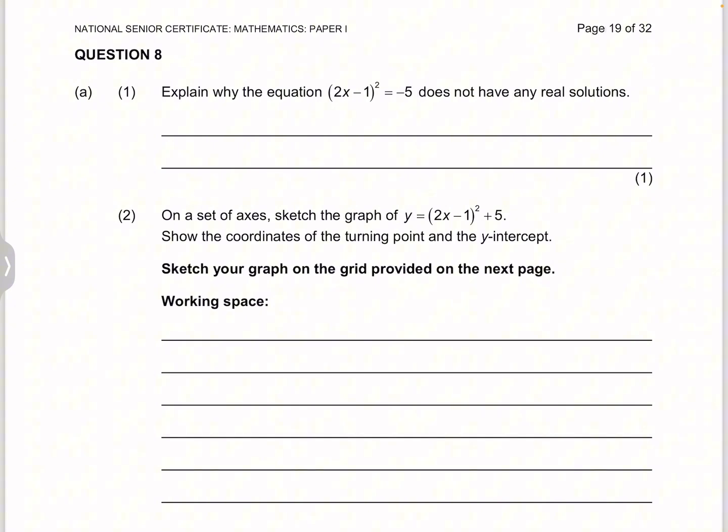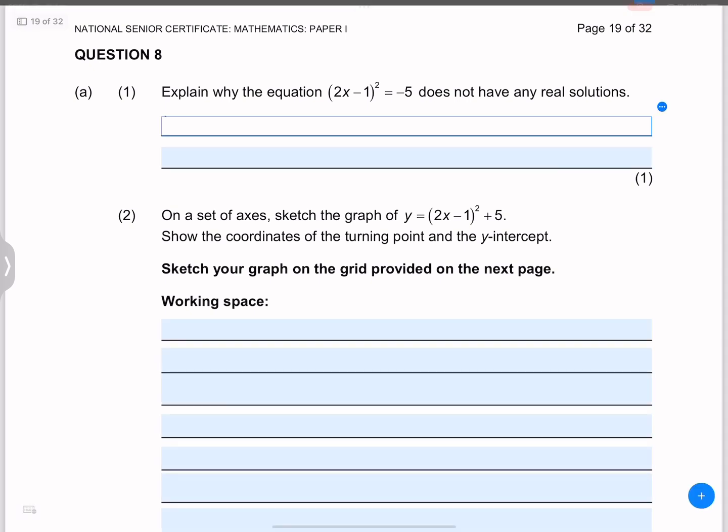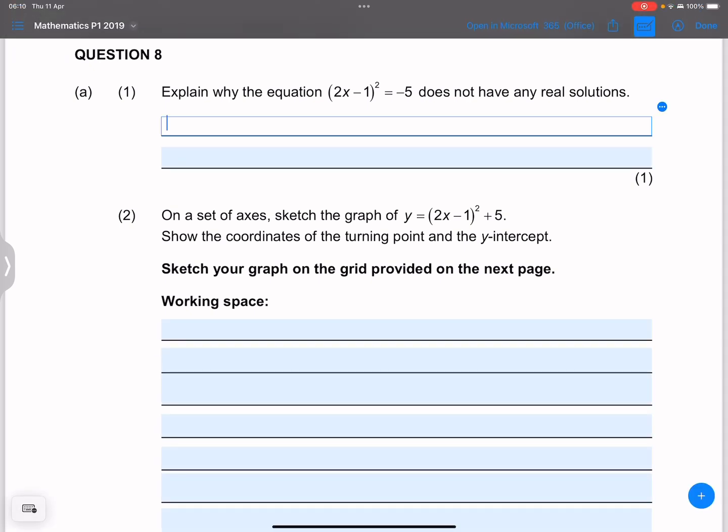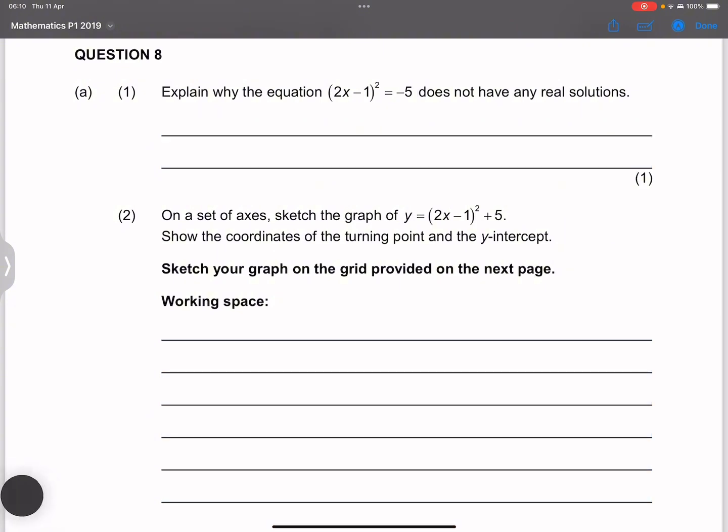Now, when I look at this, if you look at the expression 2x minus 1 all squared, remember, it can never give you a negative number. Whenever you square something, you can never get a negative solution because this expression will always be greater than or equal to 0.